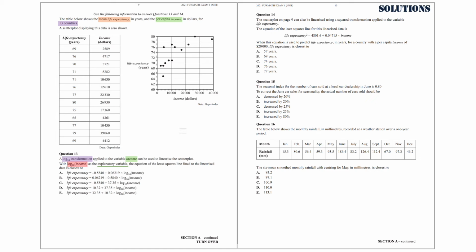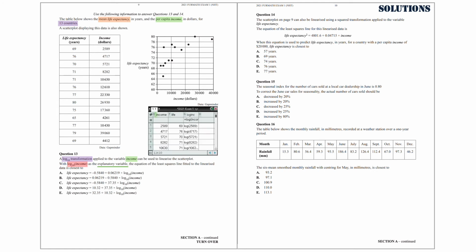For this, we are going to enter the data in a spreadsheet on available CAS technology. The first column is going to be income, the second column life expectancy, and the third column is going to be log base 10 of income. Then, on a TI Inspire, we use menu, 4 statistics, 1 stat calculations, 4 linear regression, A plus BX.